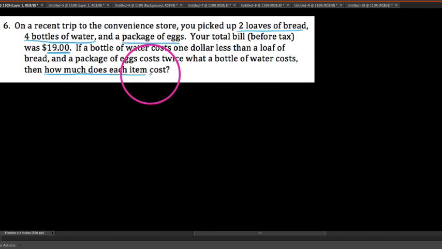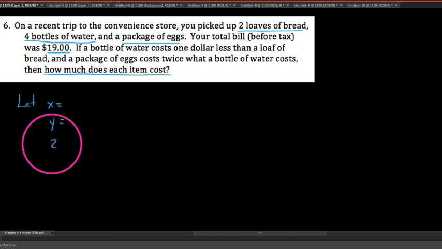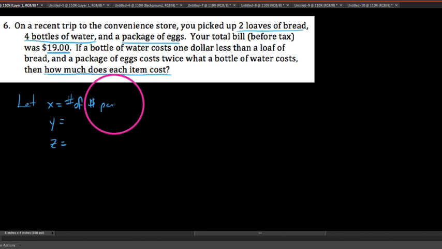First things first, let's define our variables here. You'll notice that in terms of how this problem is different from what we've been exploring, there are 3 different items here, and what we want to find is the cost per item. If we're going to measure cost, typically, at least in the USA, we measure it in dollars. So x is the number of dollars per loaf of bread.